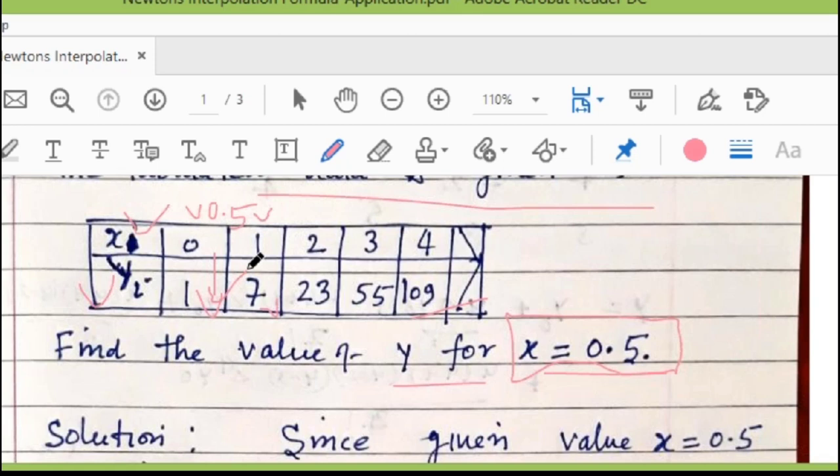If you remember the concept of the Newton's forward formula, the restrictions strictly laid down by it were these. The first restriction is that the estimable value must be in the beginning of the initial value.